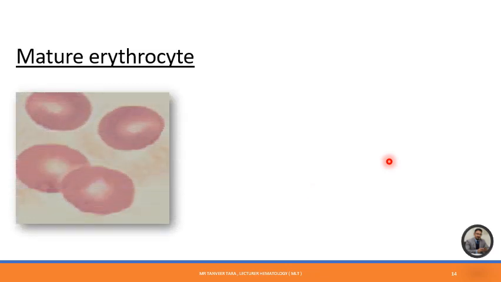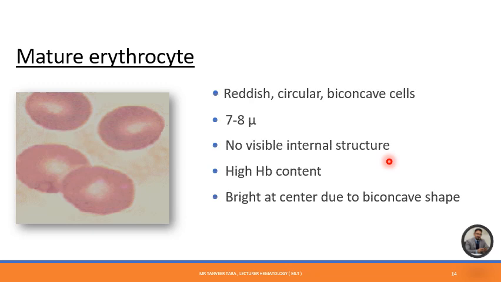This is the mature erythrocyte. They are reddish in color, circular, and biconcave cells. They have a very flexible shape. Its size is about 7 to 8 micron, but normally we are seeing 7.5 or 7.2 micron. No visible internal structure.